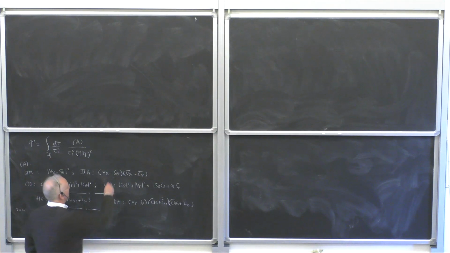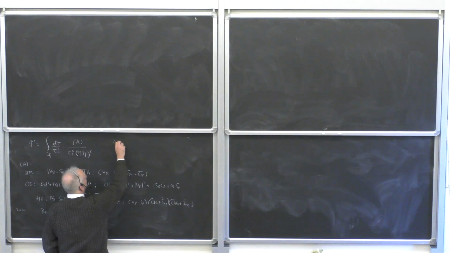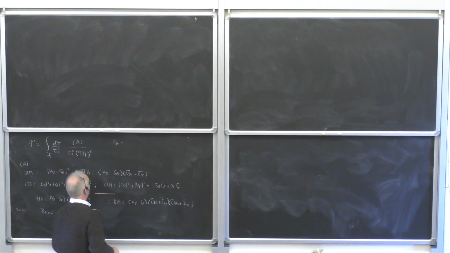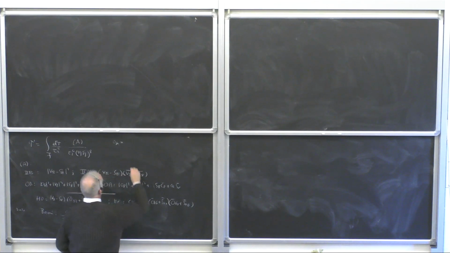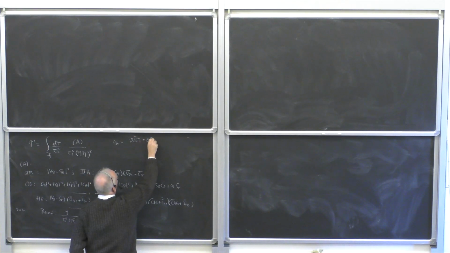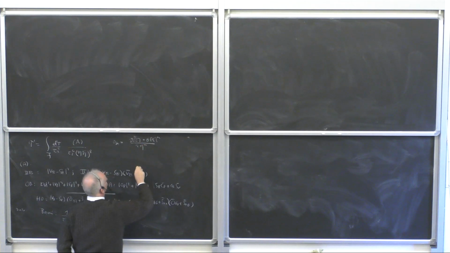Maybe I should also remind you that O2N is theta 0,0 to the n plus theta 0,1/2 to the n over 2 eta to the n.